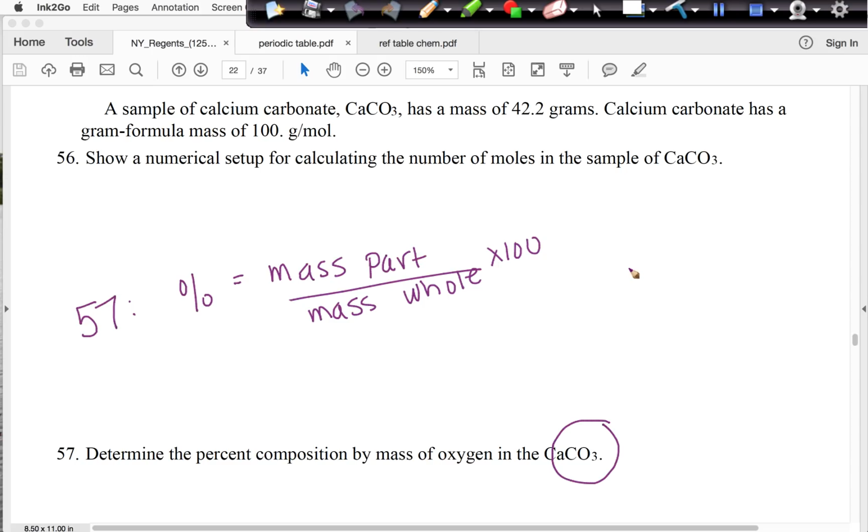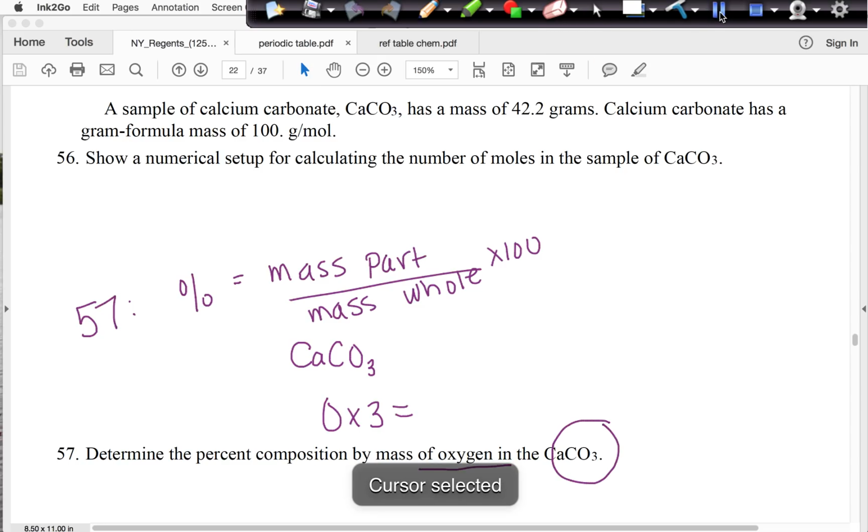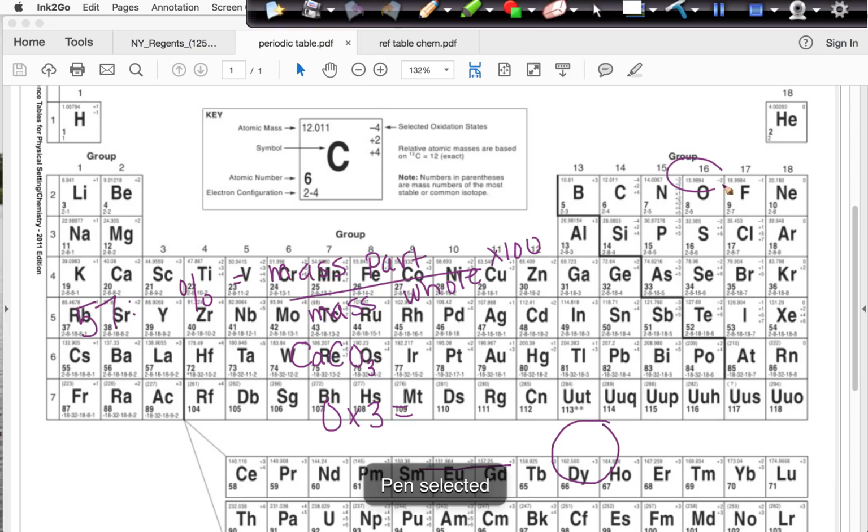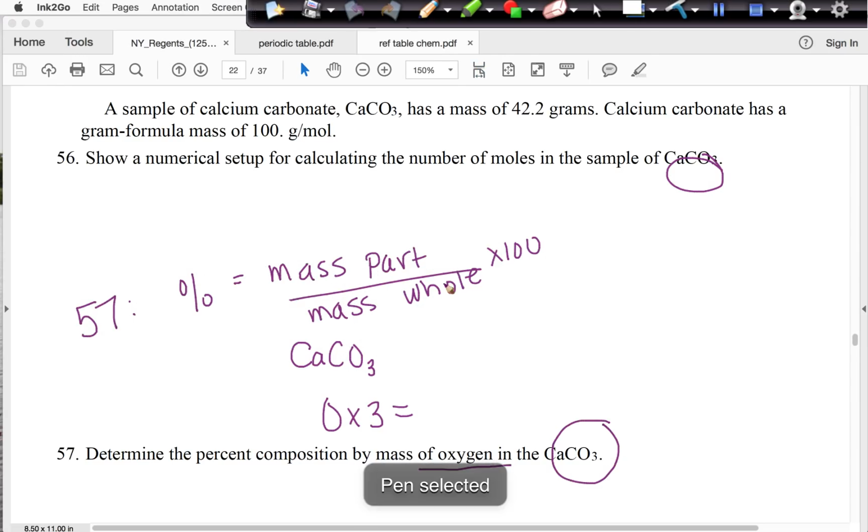So in order to get the mass of my part, we want the percent composition by mass of oxygen in CaCO3. The mass of oxygen is O times 3. So if I look at my periodic table, I can see that oxygen has a mass of about 16. I'm going to take 16 times 3 to get the mass of oxygen in this compound, which is 48.